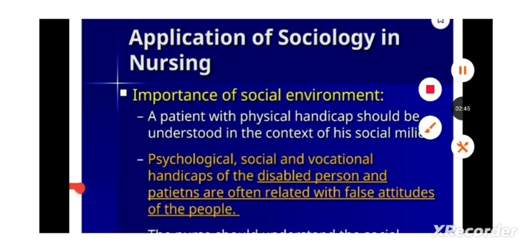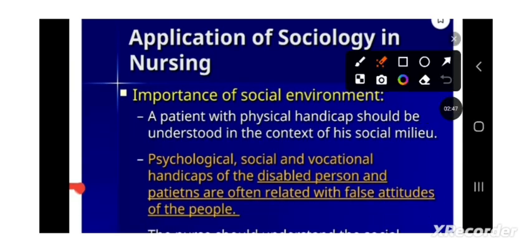Importance of social environment. A patient's physical handicap should be understood in the context of his social milieu. Social milieu means the person's social environment or setting: family, community, workplace, culture.